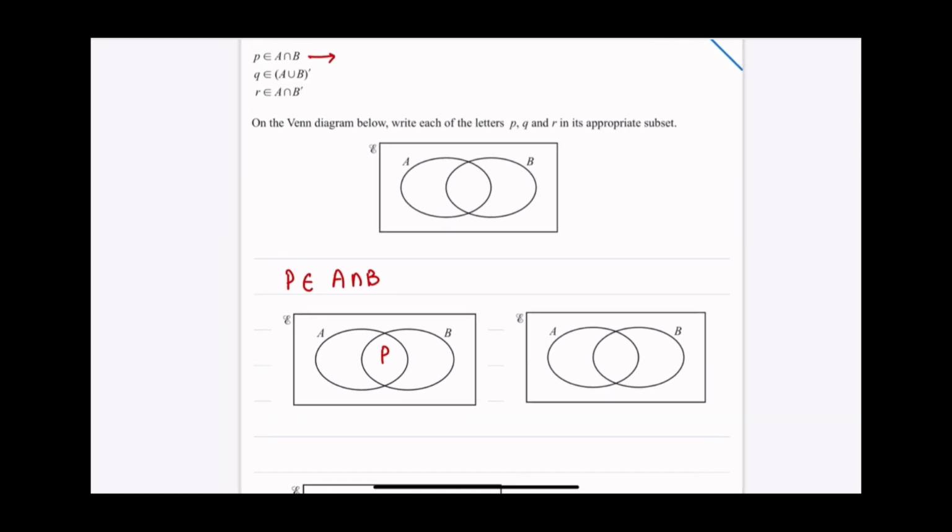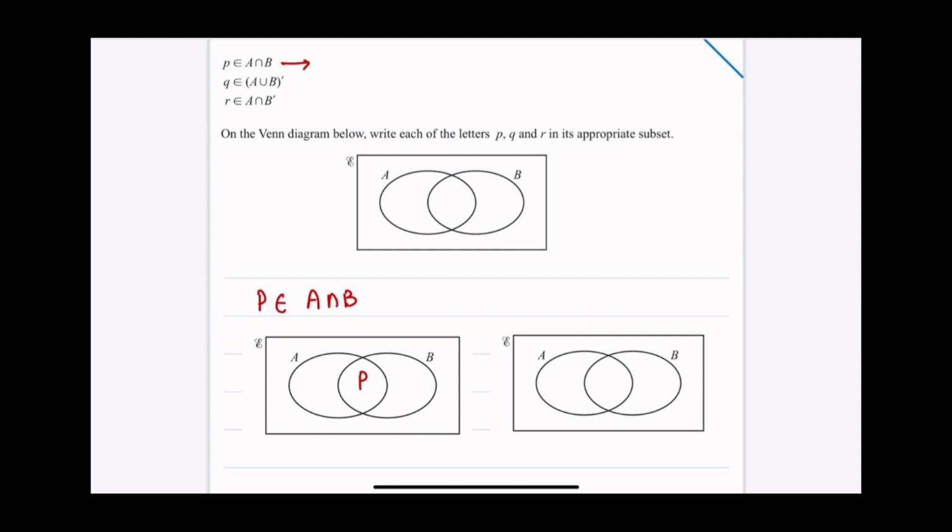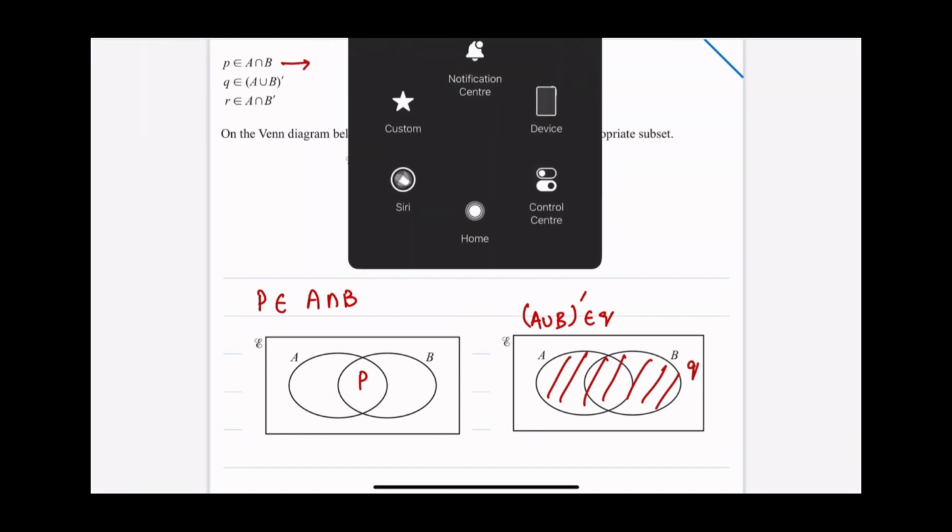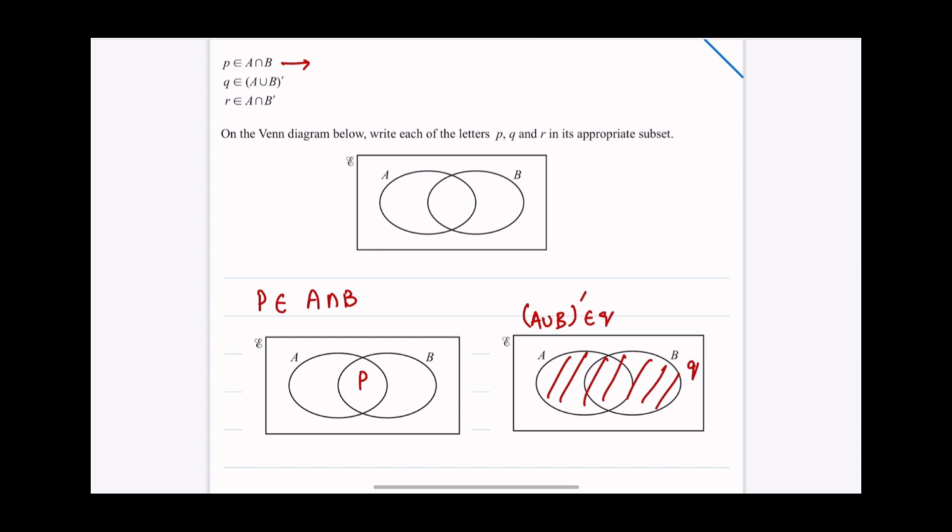Q belongs to A union B complement. So except A and B all summed up. So A union B complement is Q. So somewhere here, because this whole thing is A union B, and it says that it belongs to the complement. So the complement, so I'll erase where Q.